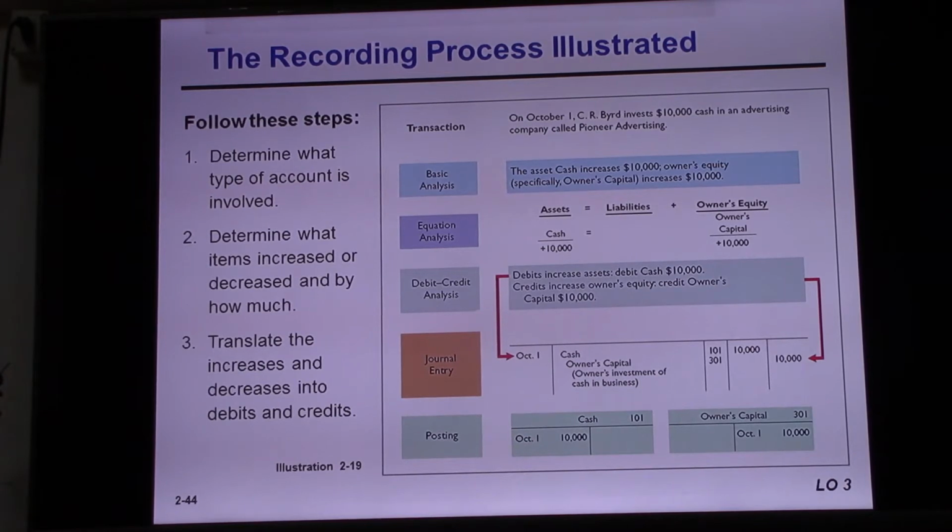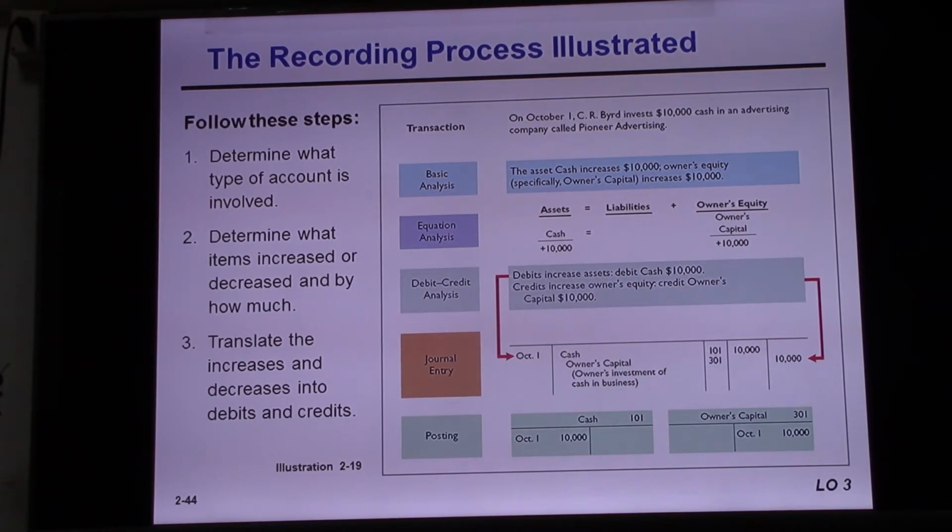Then you should determine the debit and the credit analysis, which item will be debited and which item will be credited. Then you should write the journal entry starting with the date, October 1st. Cash is on the debit side by $10,000. Owner's capital will be on the credit side by also $10,000. So the total debit amount is equal to the total credit amount.